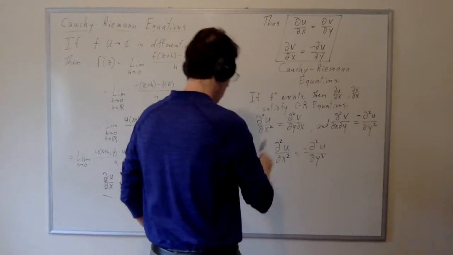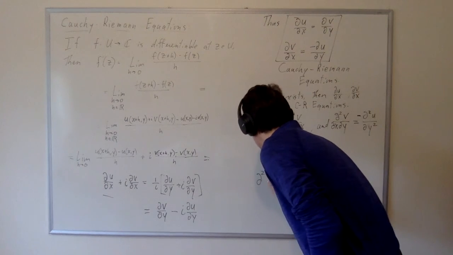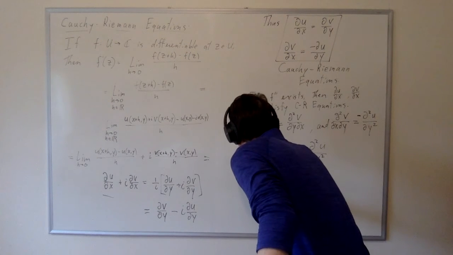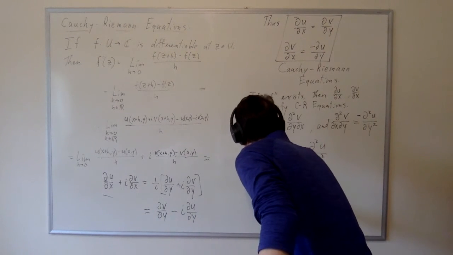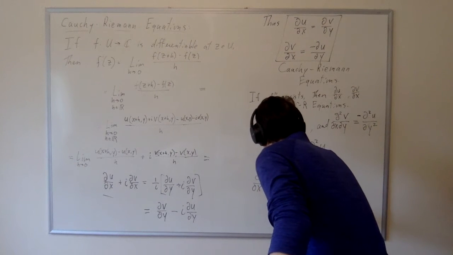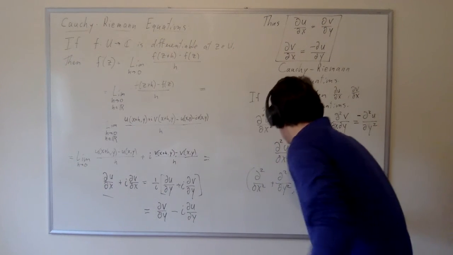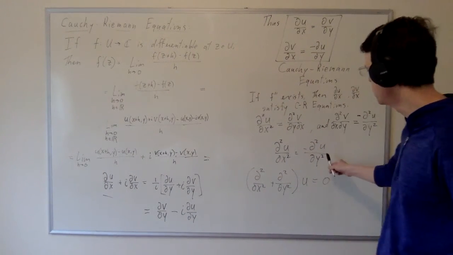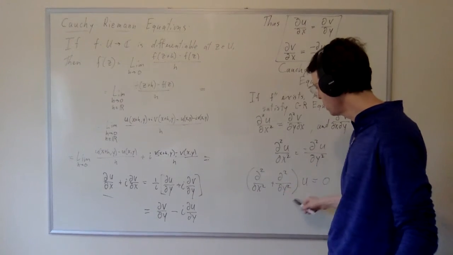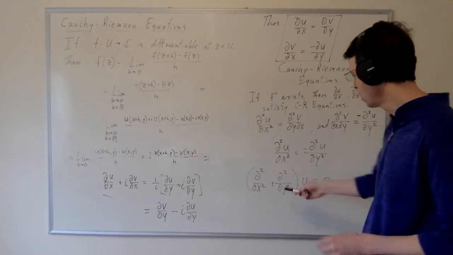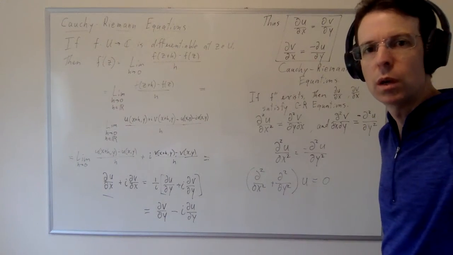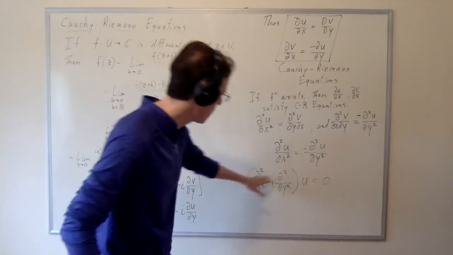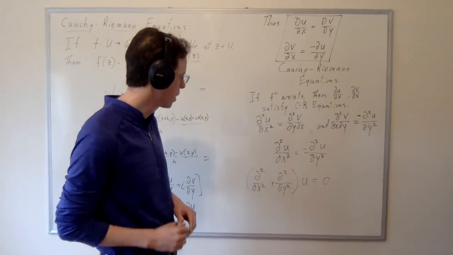And then this is called the Laplace equation, and we usually write it, well, there are lots of ways of writing it, but partial squared partial x squared plus partial squared partial y squared of u equals 0, right? Move this term to the other side. And then think of this as a second order differential operator, and that second order differential operator operates on u and yields 0. So that's another perspective on what we get from the Cauchy Riemann equations.